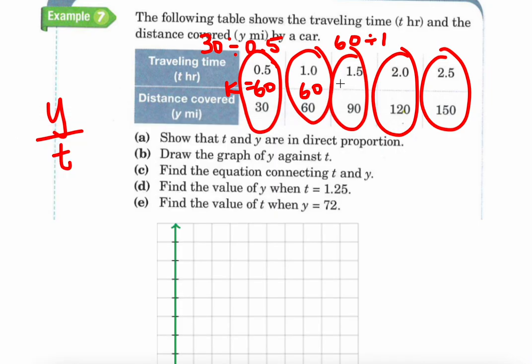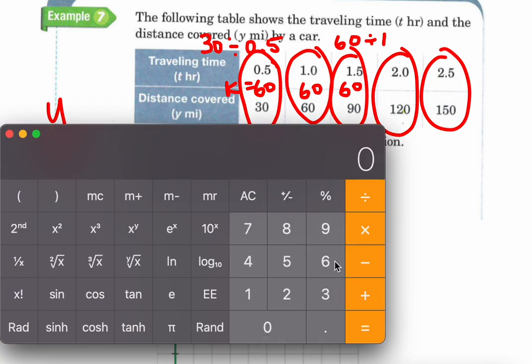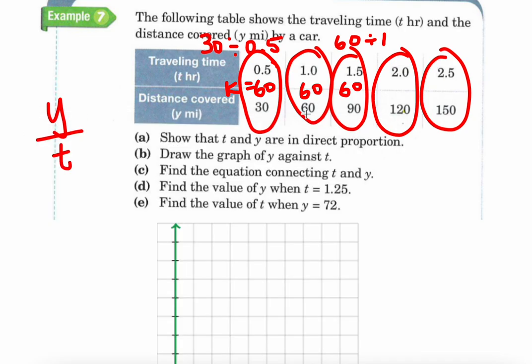Remember, we want that, to show us that it is proportional, that it is changing by the same amount each time. 120 divided by 2 is also 60. And then our last pair, y, which is 150, divided by my t, which is 2.5. Is that also 60? Yes, it is. So all of these k values are 60s.